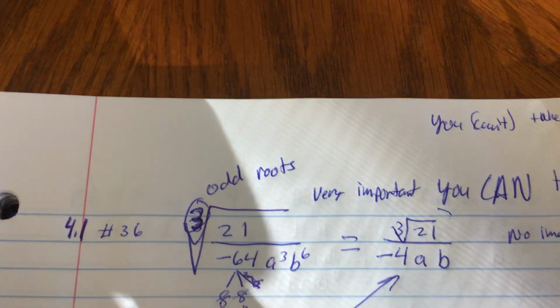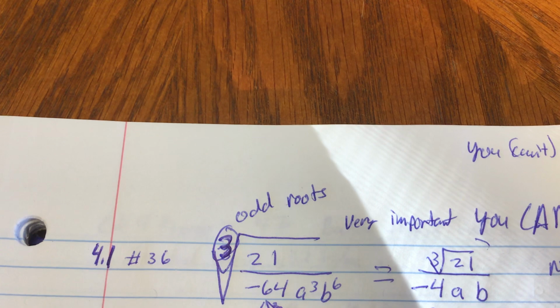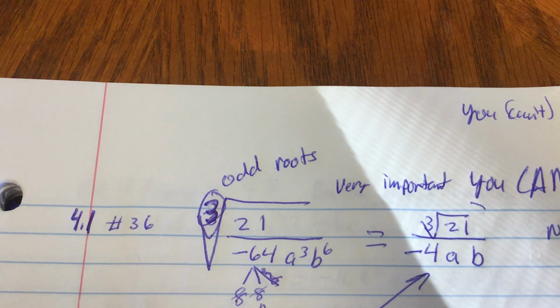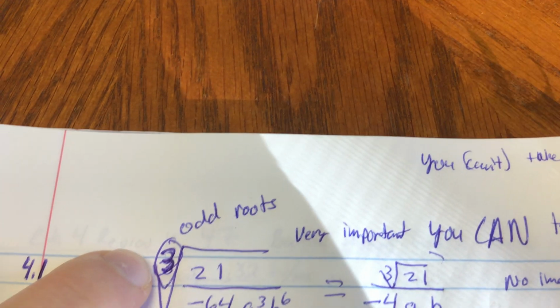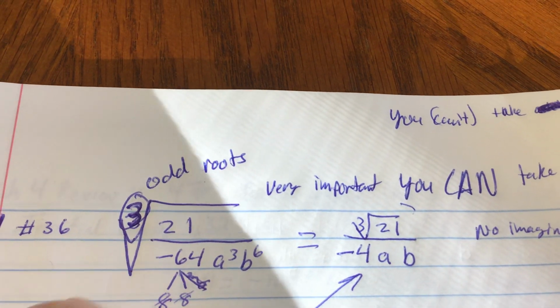So now going back to the problem, I want to take the cubed root of negative 64a cubed b to the 6th. I need to group those in groups of 3 because of this cubed root. That tells me I need groups of 3. So I factor tree down the 64.